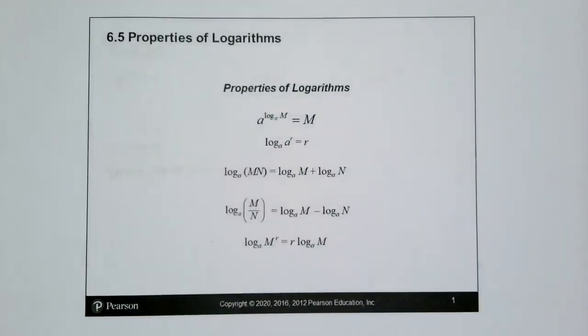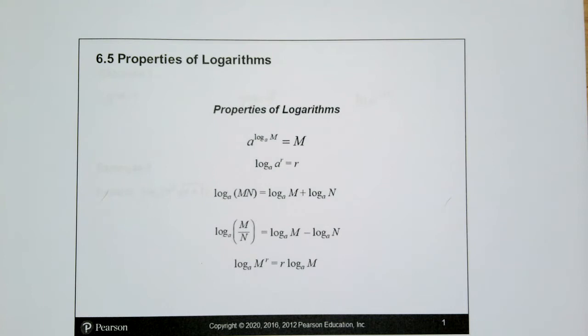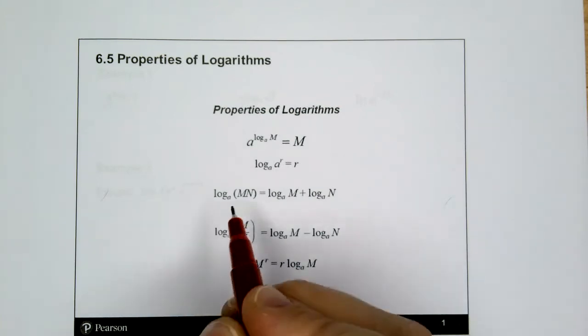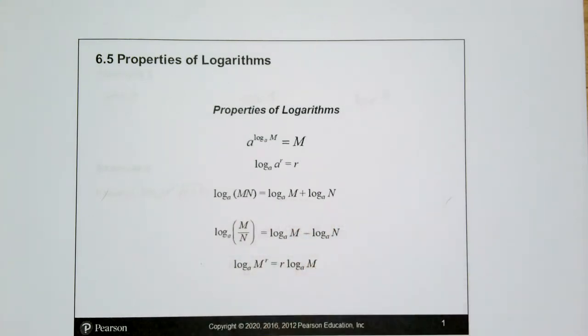Okay, so let's just begin by going over the properties of logarithms. We know that logarithmic functions are the inverse of exponential functions. We know how to convert between exponential form and logarithmic form. So today we are going to condense and expand expressions with logarithms.